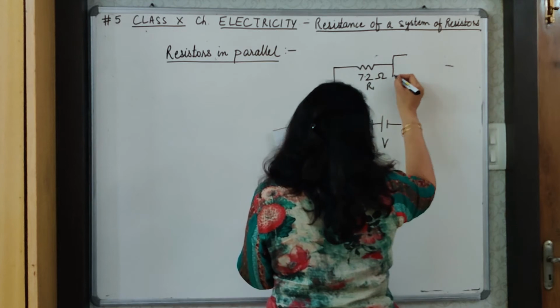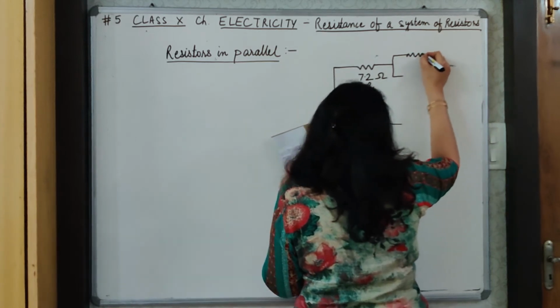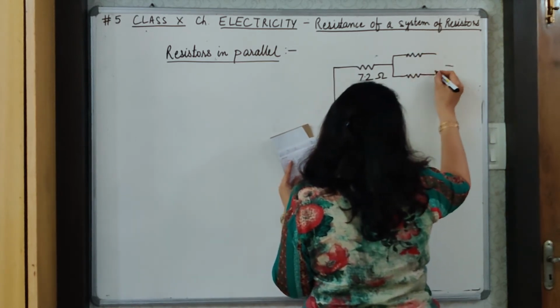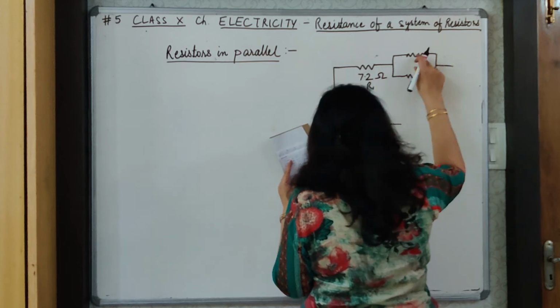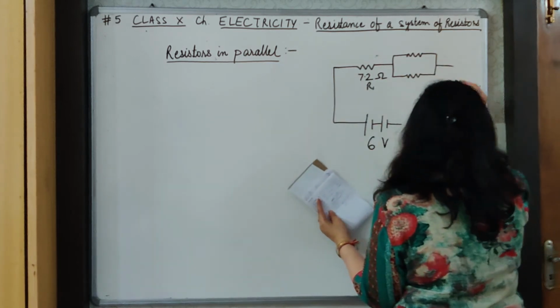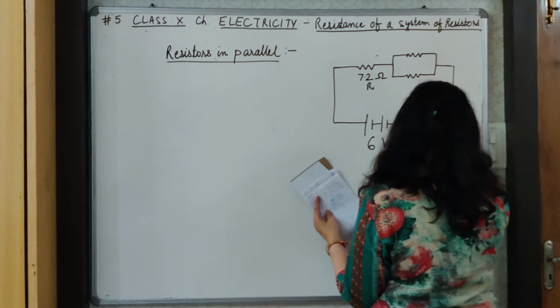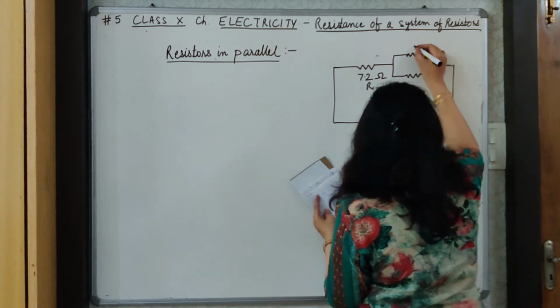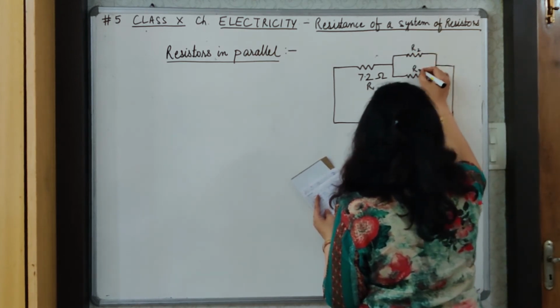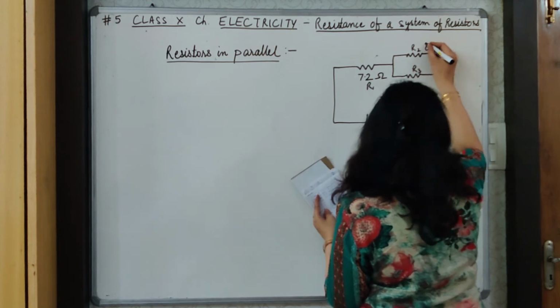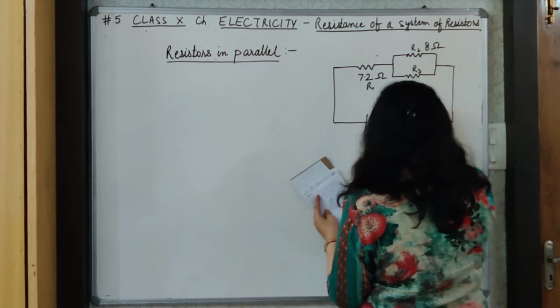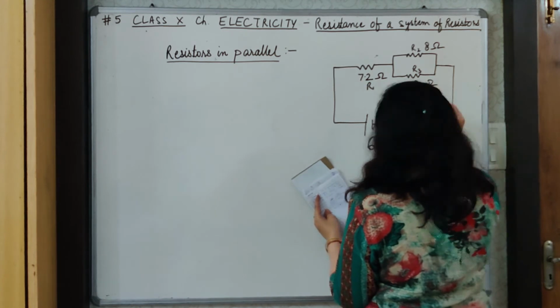From here the circuit divides and we have two resistances connected in parallel to each other, and these two are connected in series to the first one, and the circuit is complete. This is R2 and this is R3. The value of R2 given is 8 ohm and the value of R3 given is 12 ohm.